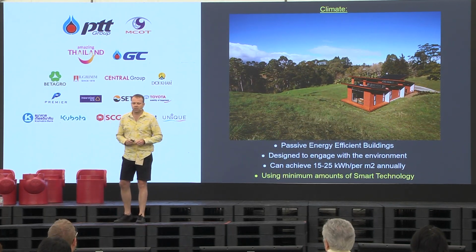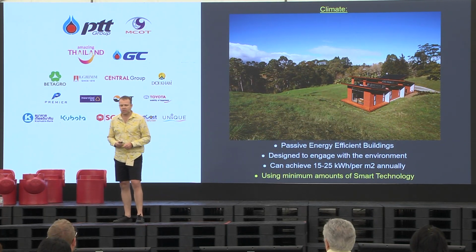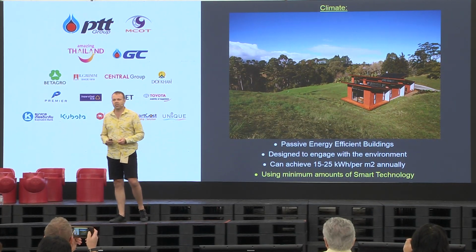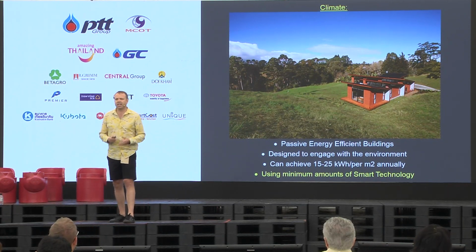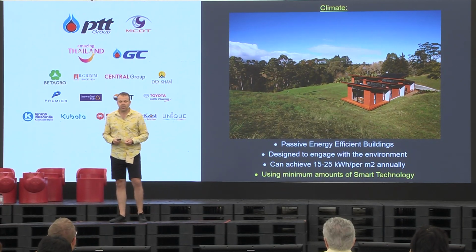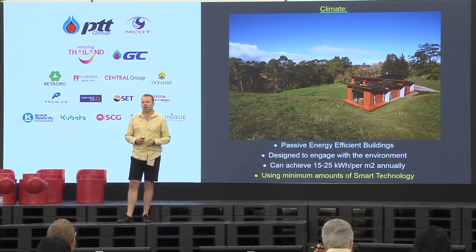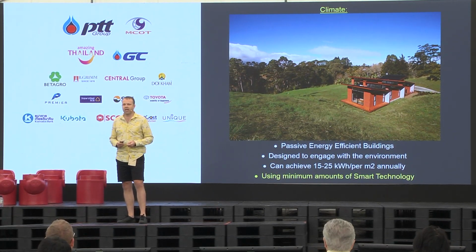There are some solutions. This is a New Zealand house, and this is designed around passive energy efficient design. Houses which engage the environment. With this house, we can achieve between 15 to 25 kilowatt hours per square metre annually.